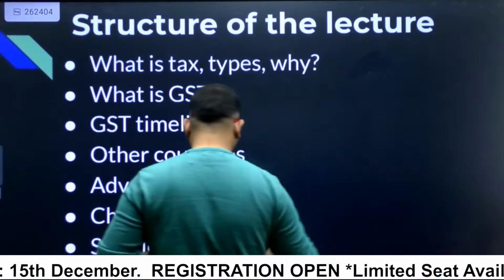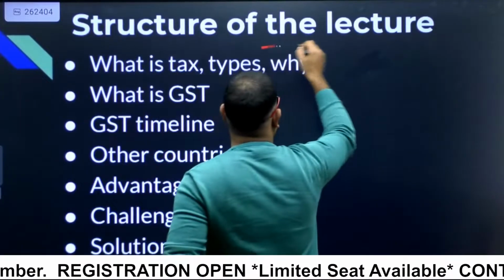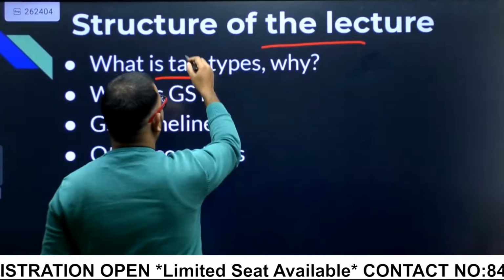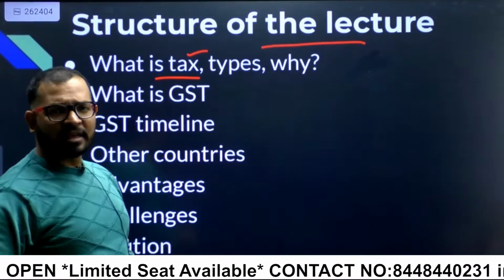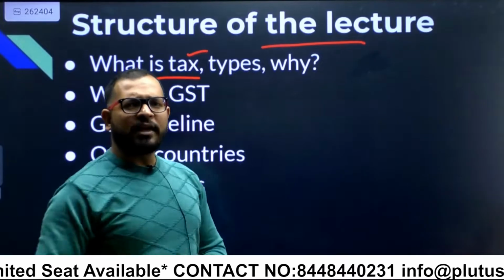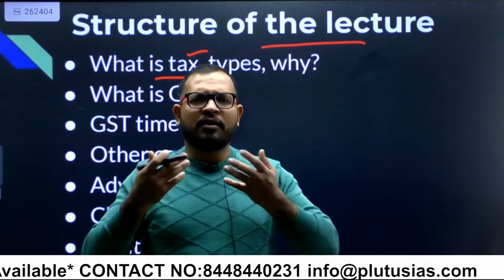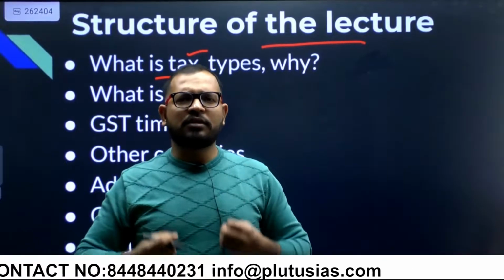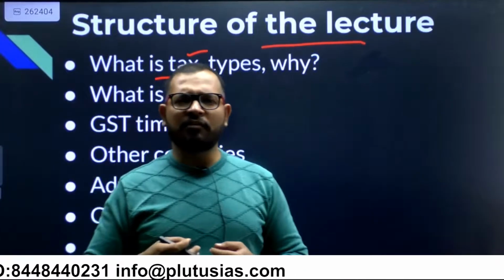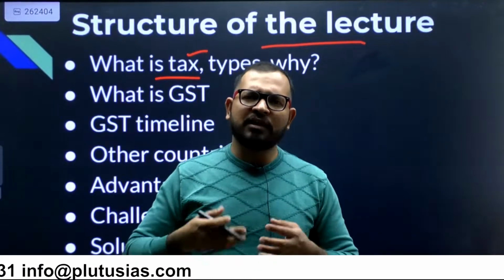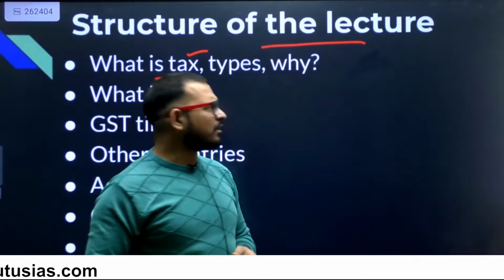What we are going to read in today's lecture: What is tax? First we will be understanding the tax system. Why is tax needed, and what are the measures through which the tax is collected by the government, particularly the state government as well as the central government?